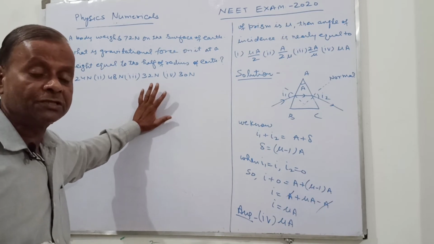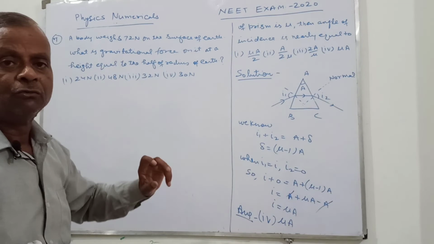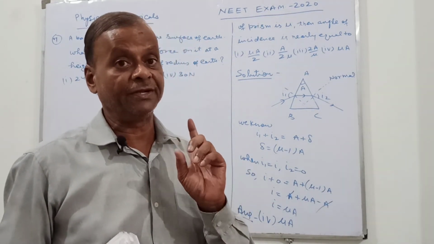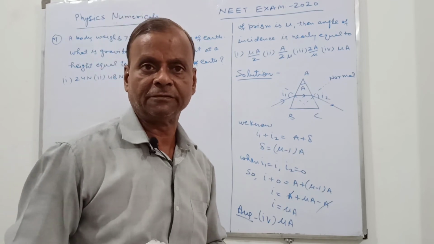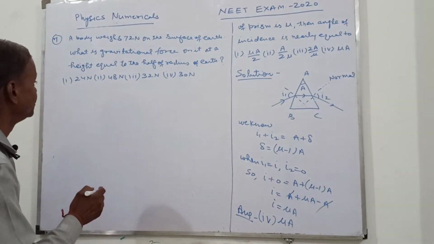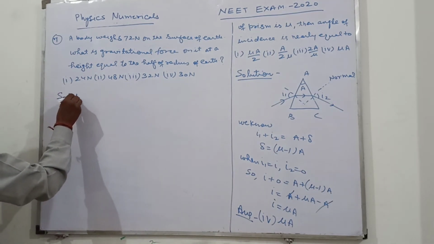So what you have to do, this is the weight, 72 Newton. The weight of the body is also equal to the gravitational force of the earth. So first you have to find it on the earth surface. So how to find the solution?